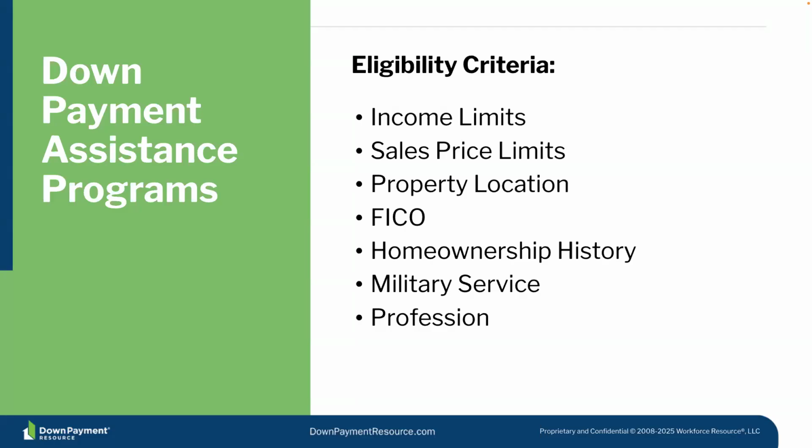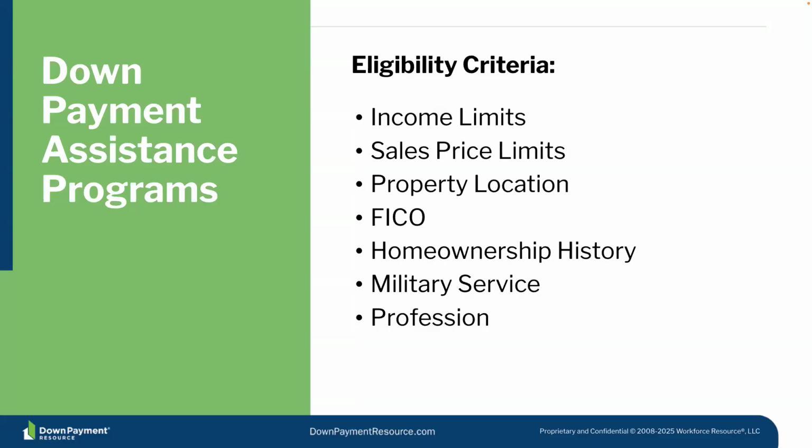Now, some programs have more needs-based eligibility criteria that involve an evaluation of each buyer's scenario and assistance needs by the program administrator. So as an example, most programs will mirror first mortgage requirements, requiring a FICO score of 620 or higher. Homeownership history also makes a big difference.